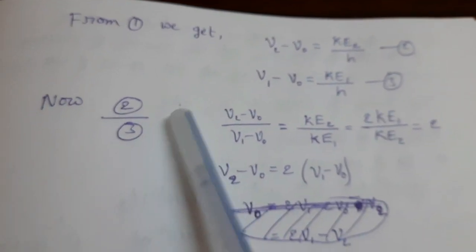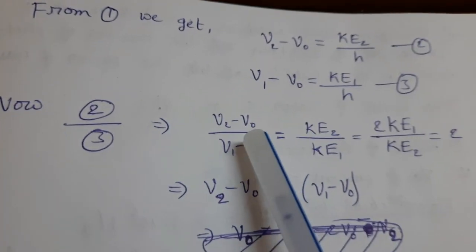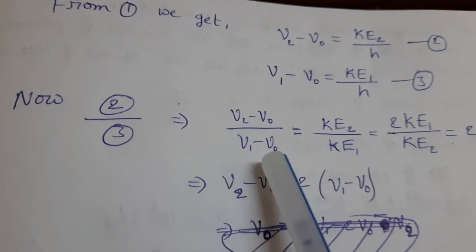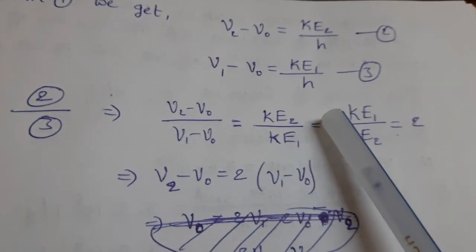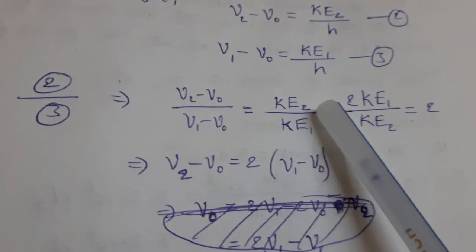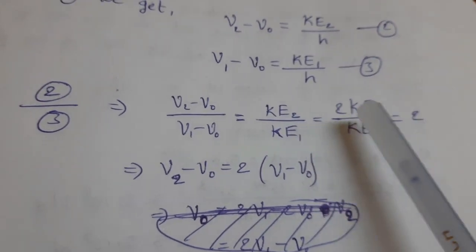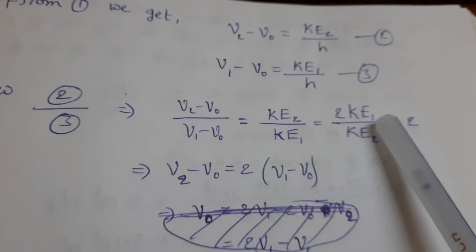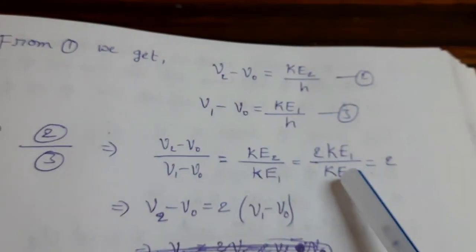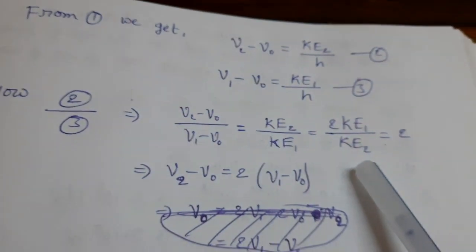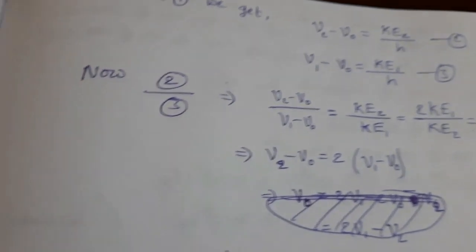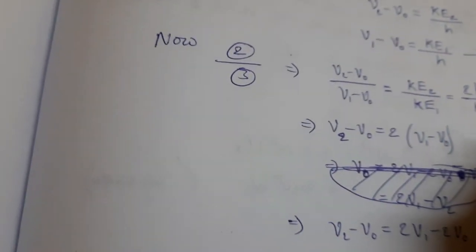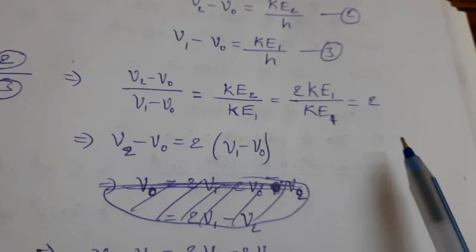Now nu2 minus nu naught by nu1 minus nu naught, that equal to ke2 by ke1. In place of ke2, we can substitute 2 ke1. This is the relation given according to the question. 2 ke1 by ke1, then we can get 2.